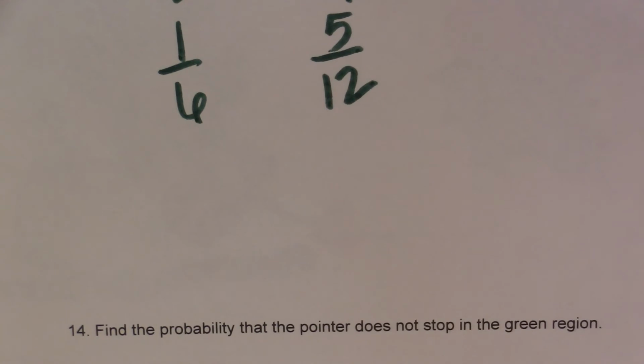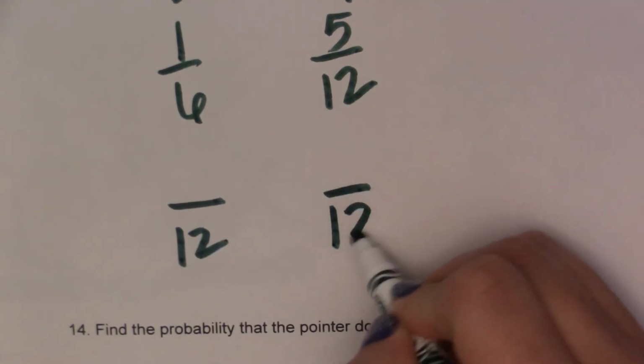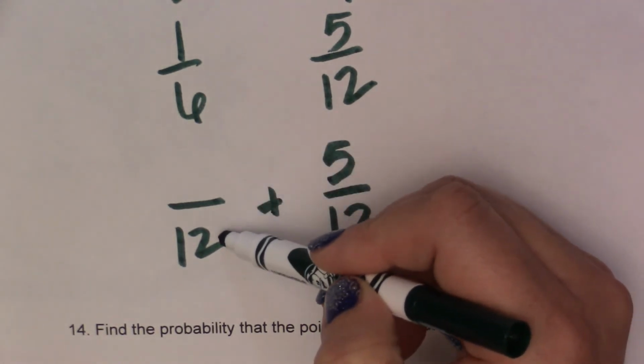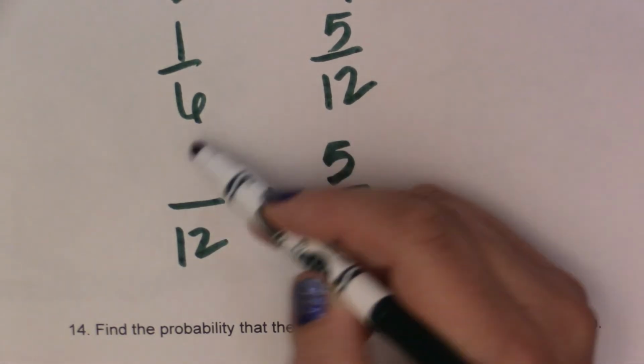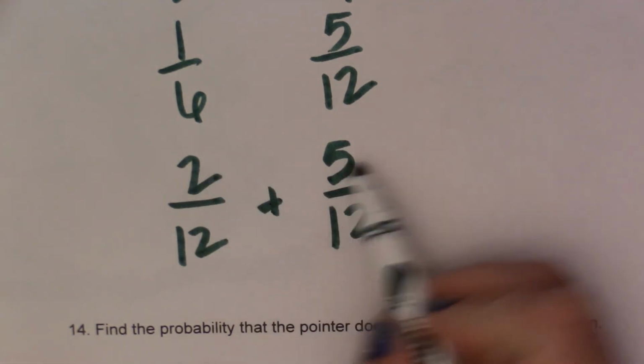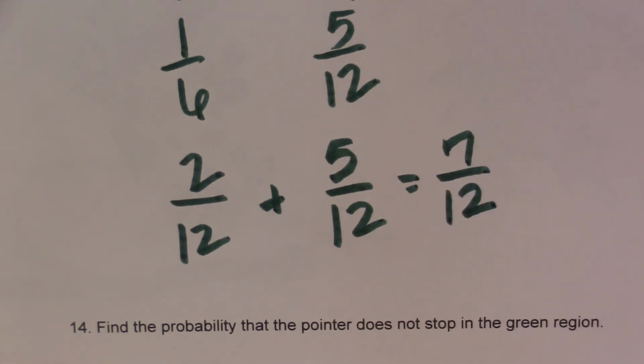So we need to make these have common denominators. So let's use the 12. So 6 times 2 is 12. 1 times 2 is 2. When we combine these together, 2 plus 5 is 7/12.